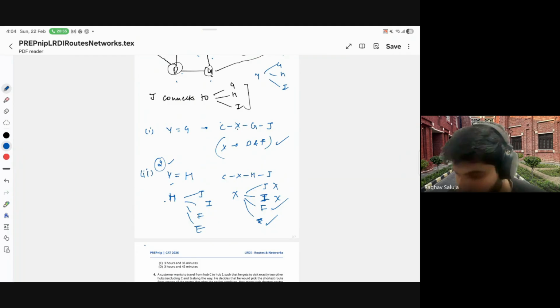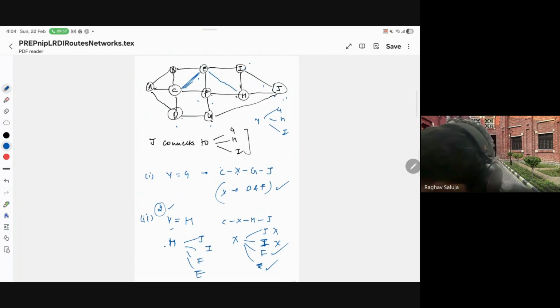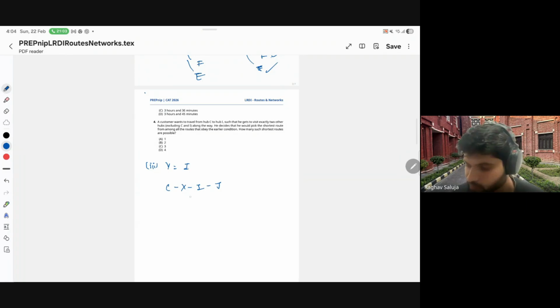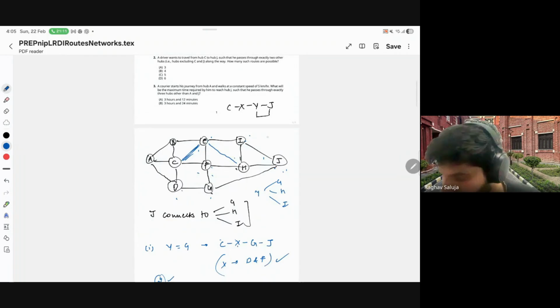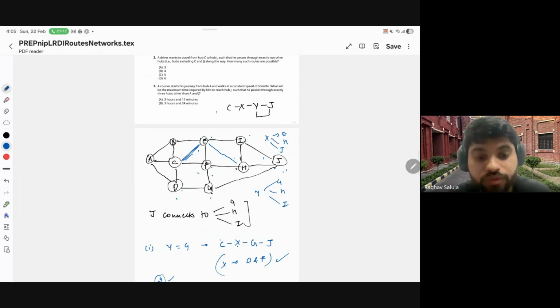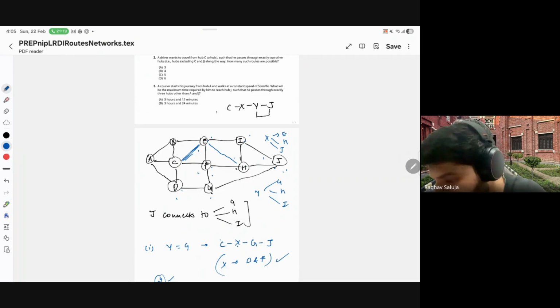E, H, J. Neighbors of I are E, H, J. So what are the options for X? The options for X now become E, H, J.